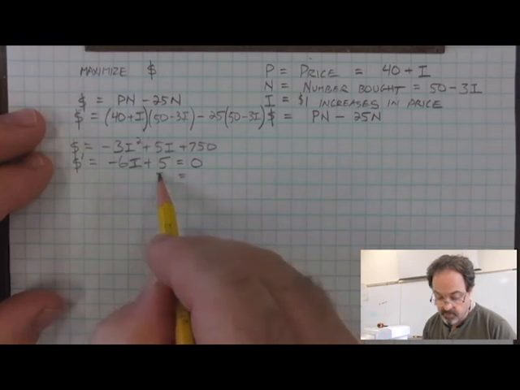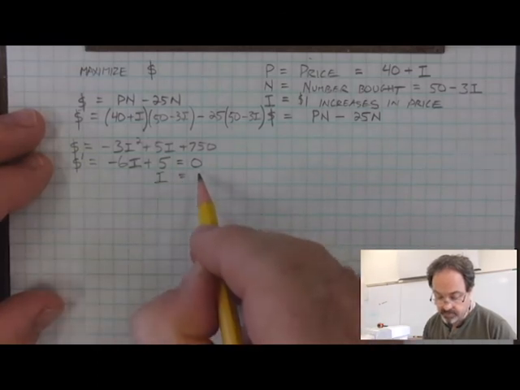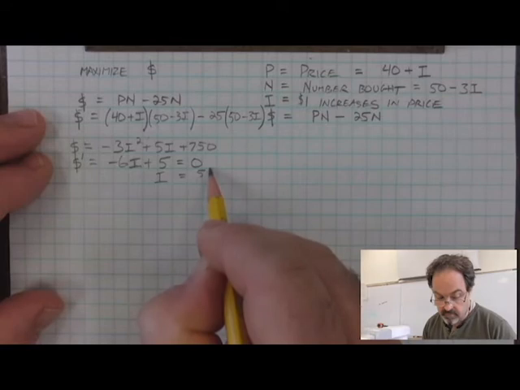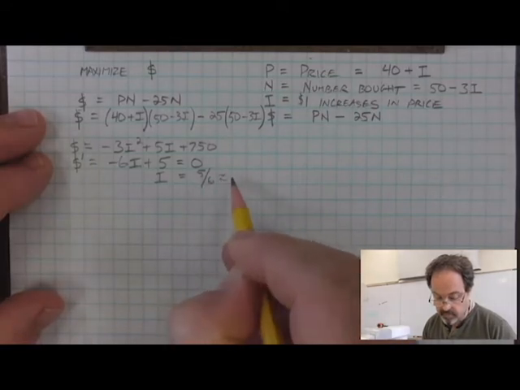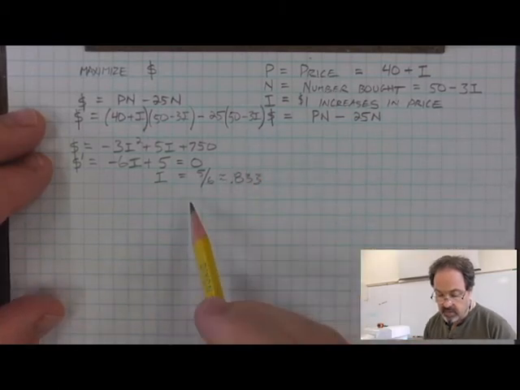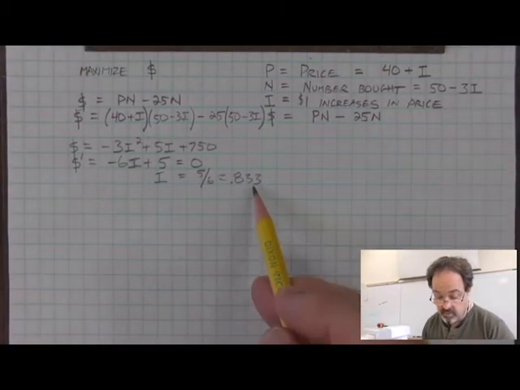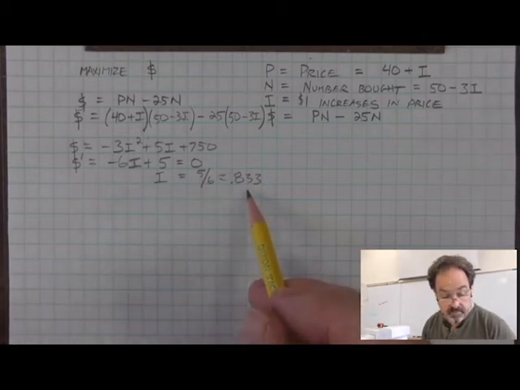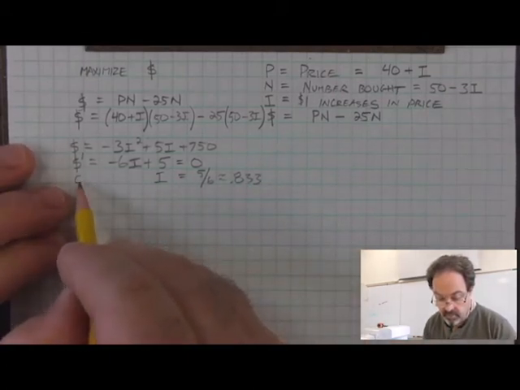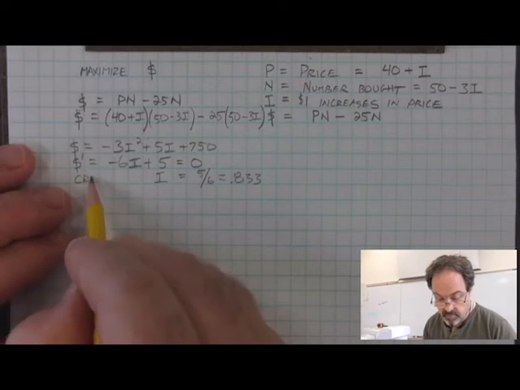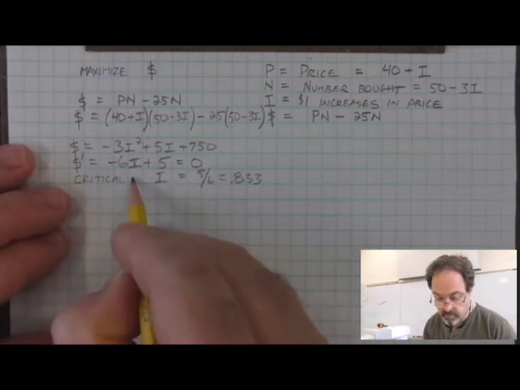I get a critical point I at 5/6, or approximately 0.833. Price increases are going to be dollar amounts, so this 0.833 is approximately 83 cents. What I found is a zero derivative, which is a critical point.